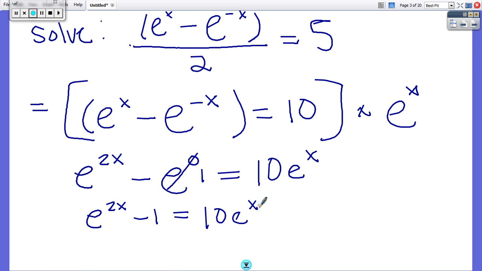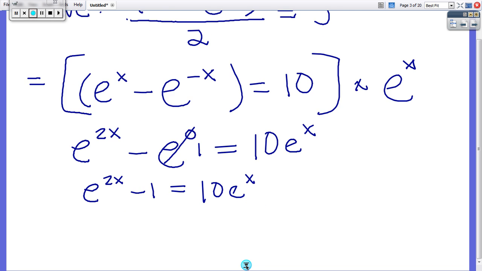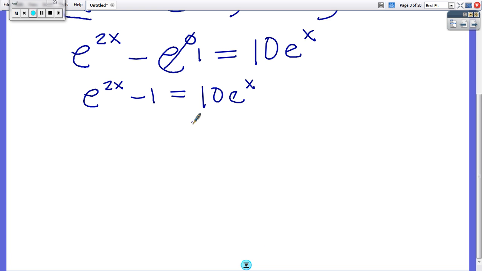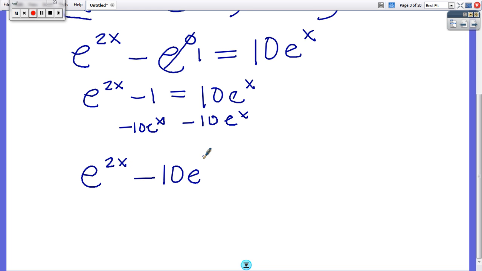Now I want to make this look like a quadratic function. So I'm going to subtract 10 e to the x from both sides. Now I get e to the 2x minus 10 e to the x minus 1 equals 0, because there's nothing left on this side. Now this pretty much looks like a quadratic function, right?